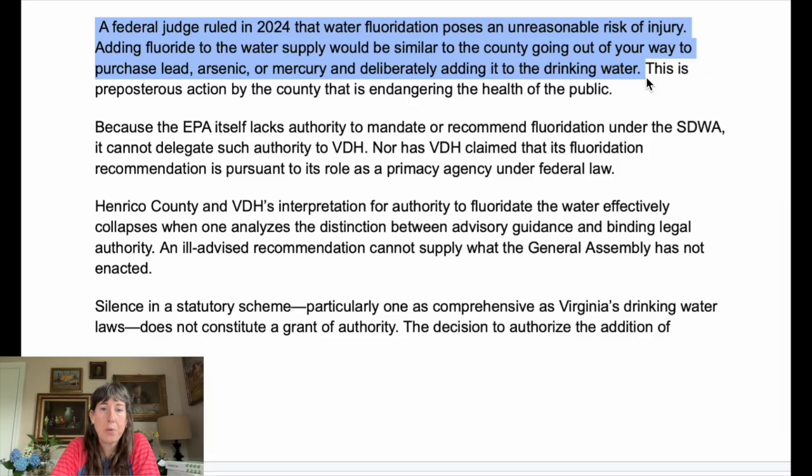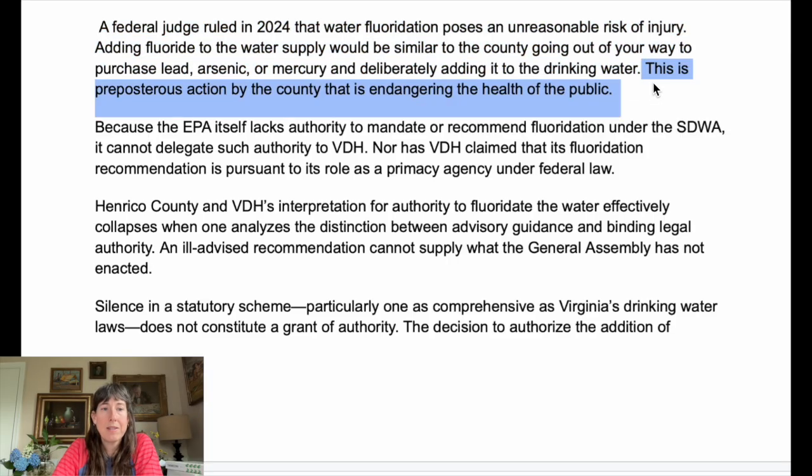Adding fluoride to the water supply would be similar to the county going out of your way to purchase lead, arsenic, or mercury and deliberately adding it to the water. This is a preposterous action by the county that is endangering the health of the public.